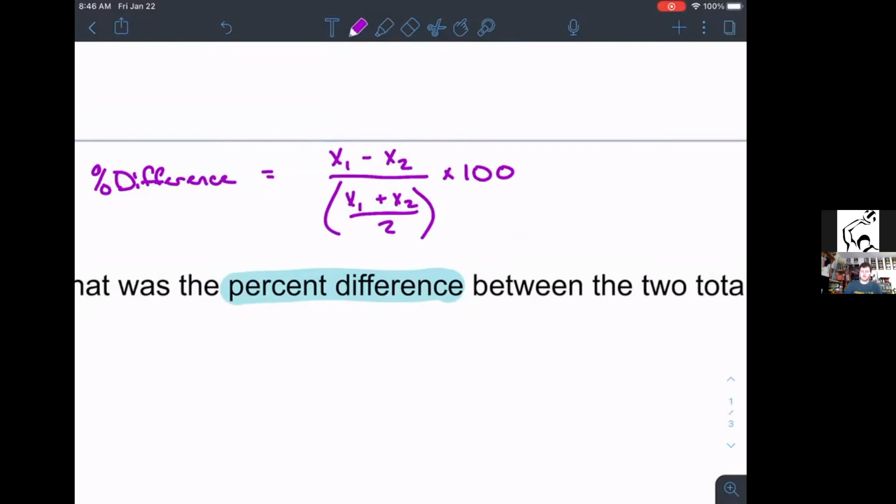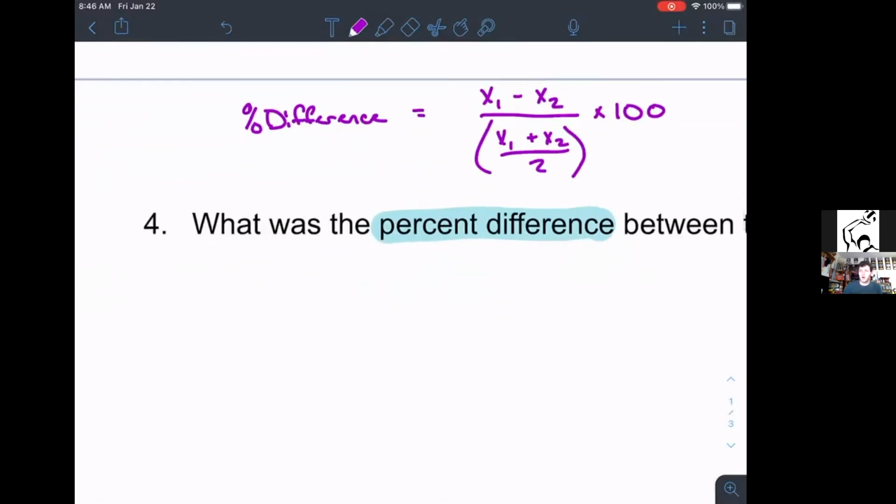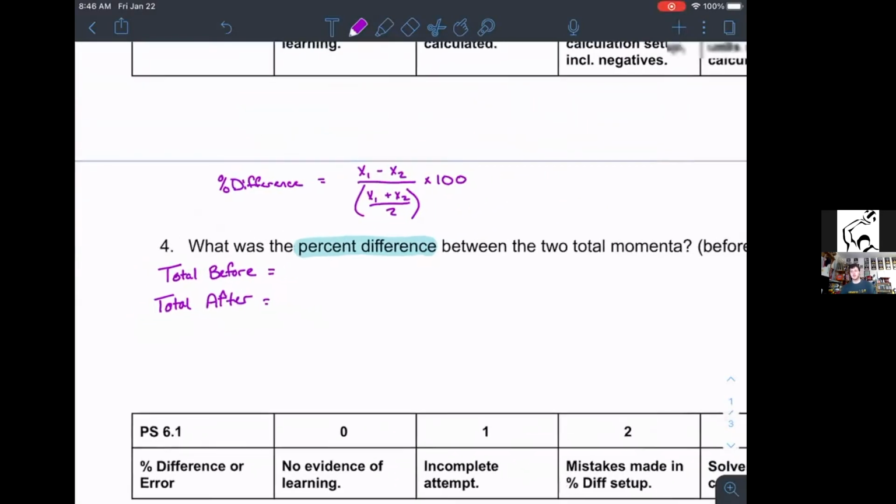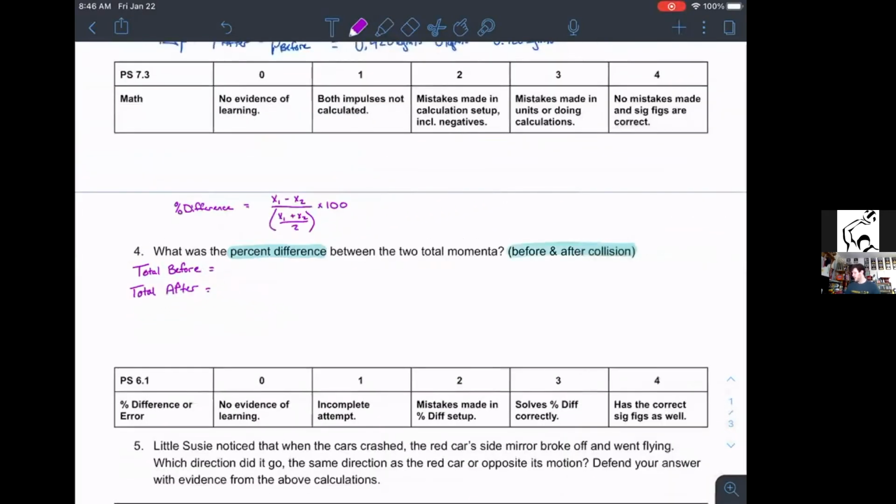So if we do this for real, the first thing we need to do is know the total before and the total after, which means we need to find the total momentum before the collision and the total momentum after the collision.